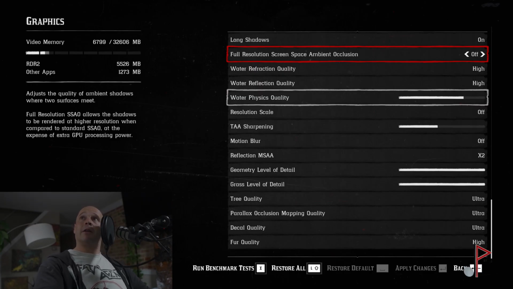So these finer shadows are made by screen space ambient occlusion. There's another SSAO setting in these graphics options, the full resolution one. What it does is it renders that shader map that SSAO produces in the native resolution, which is unnecessary. There's no reason to do that.